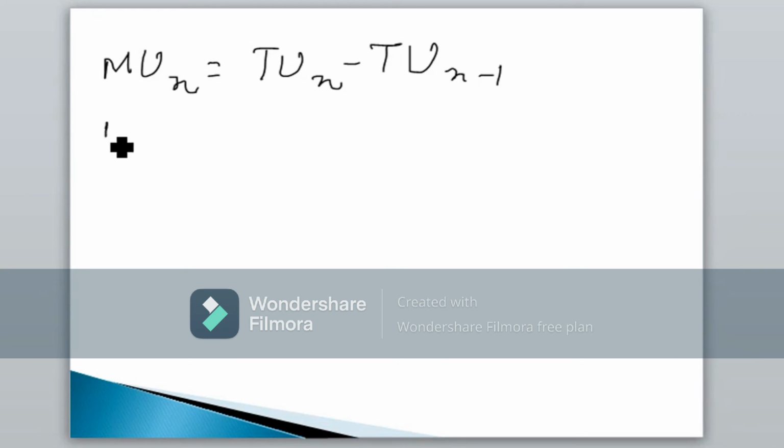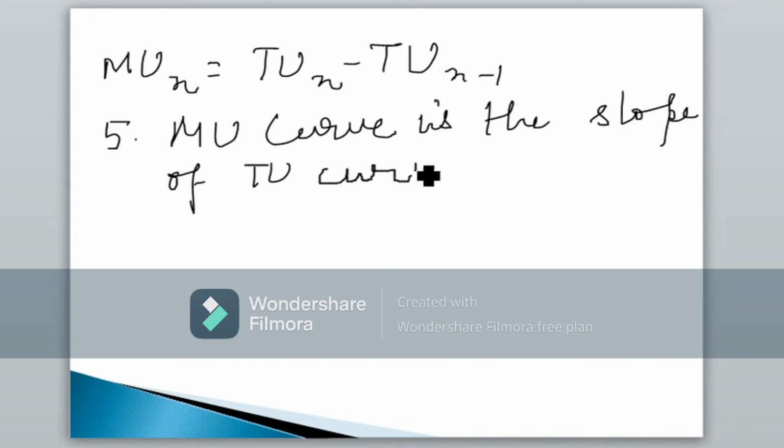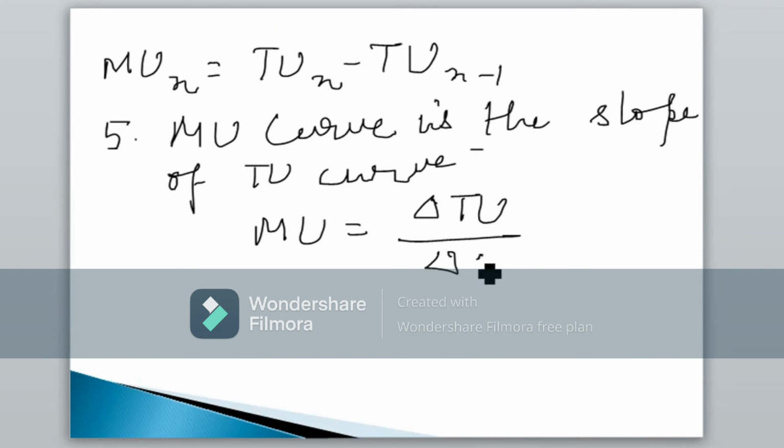Fifth point. Marginal utility curve is the slope of total utility curve. It shows that if you increase 1 unit of consumption, how much change there will be in the total utility.